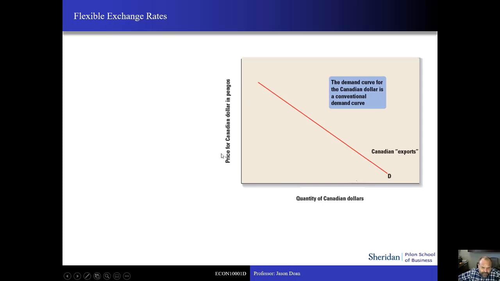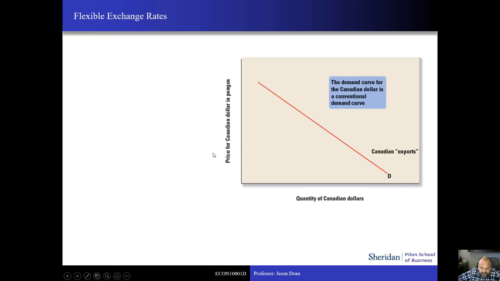So this is the price for a Canadian dollar in pango. This is how much we would need to give up of our currency in terms of the other currency. So it's how many pangos you would need to buy a Canadian dollar. So you have to keep that in mind.